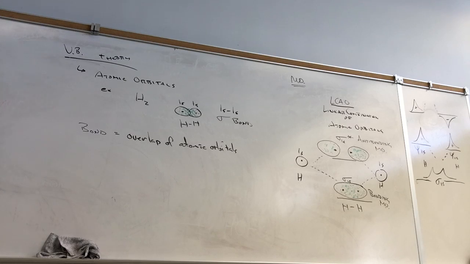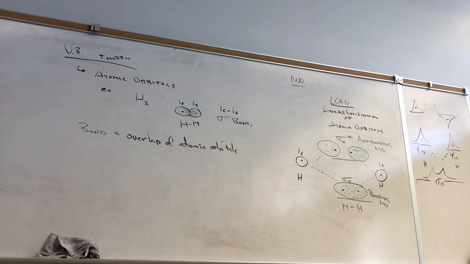In valence bond theory, we could have another type of bond called a pi bond. A pi bond looks a little bit different because of the way the orbitals overlap. And so if we look at two p orbitals, like a px orbital on atom A and a px orbital on atom B here, we can form an AB bond by overlapping a px orbital here with a px orbital here, and we can overlap them head-on like this. This would be called a p-p sigma bond.